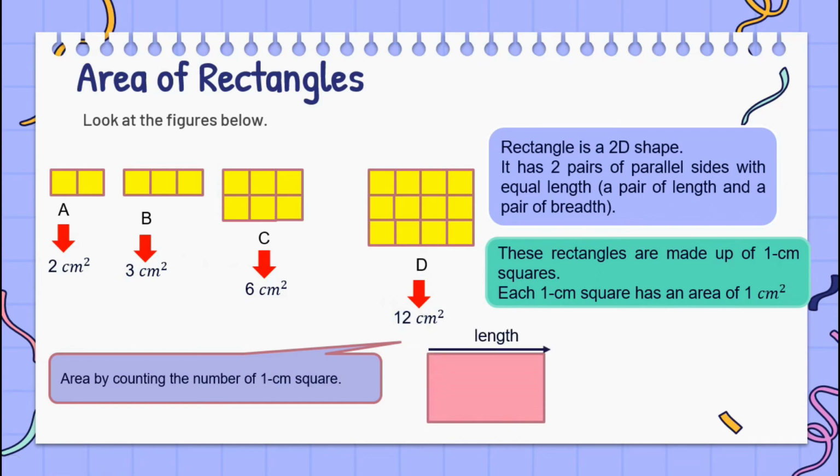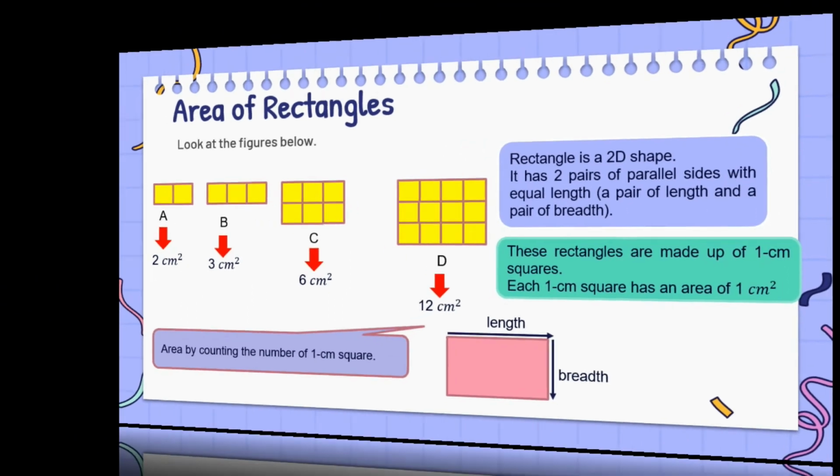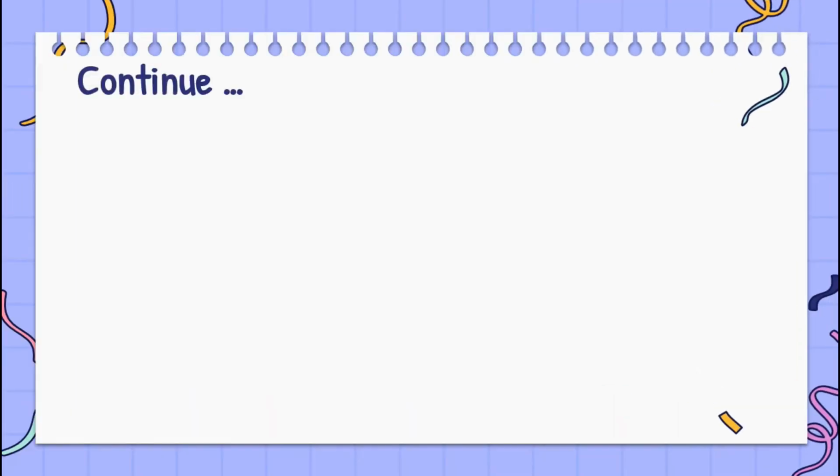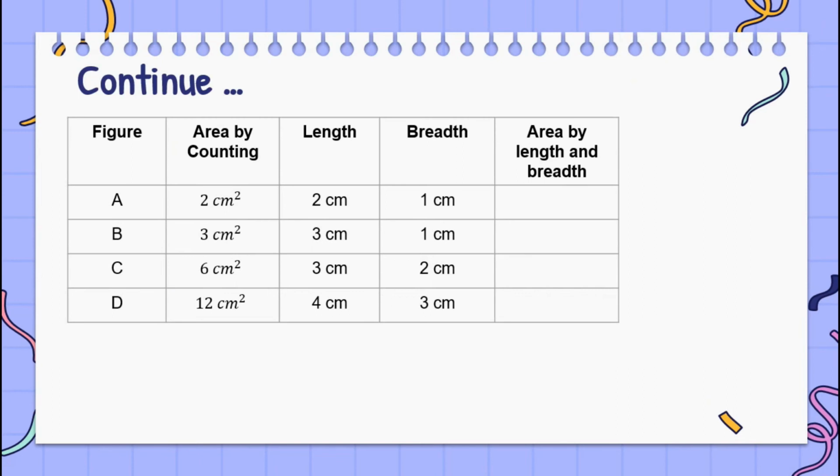Remember, rectangle has length and breadth. Figure A, B, C, D, area by counting: 2, 3, 6, 12.